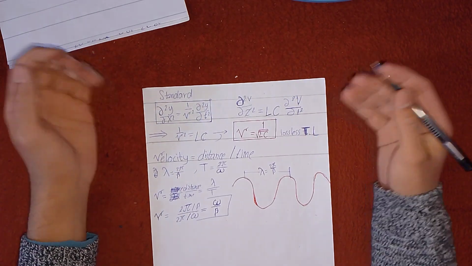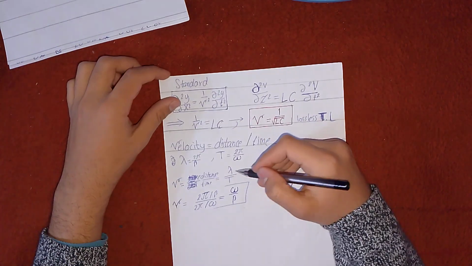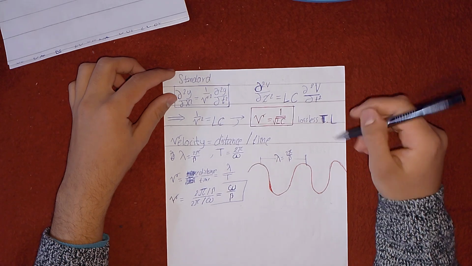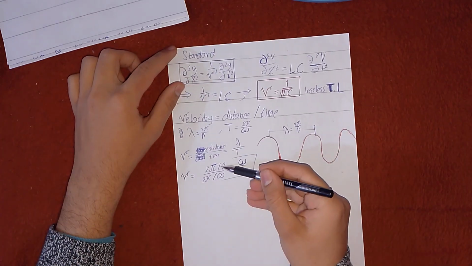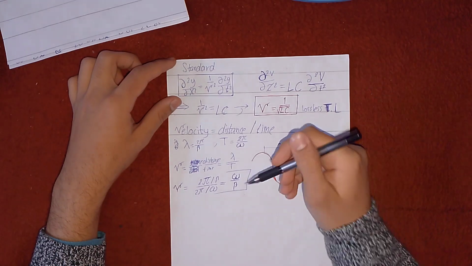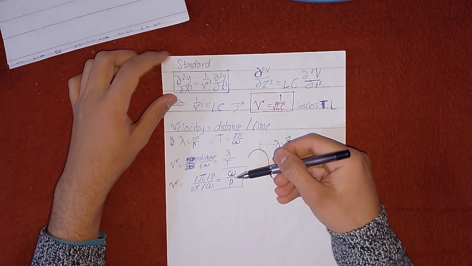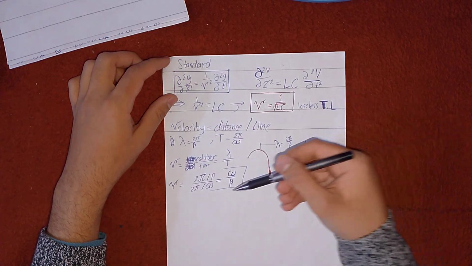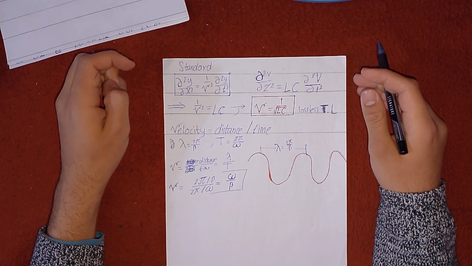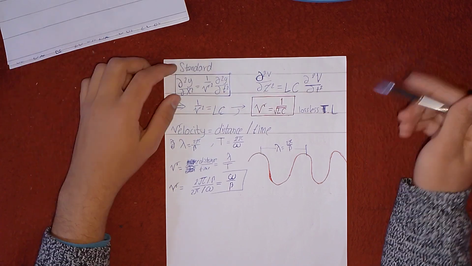So the velocity simply is distance over time, which is the wavelength over the time T, which is 2 pi over beta divided by 2 pi over omega. So it is omega over beta. The omega represents the angular velocity, and beta represents the phase constant, which is the rate of change of the wave phase with respect to distance.